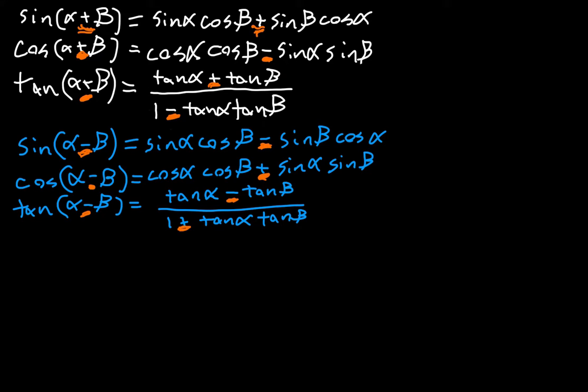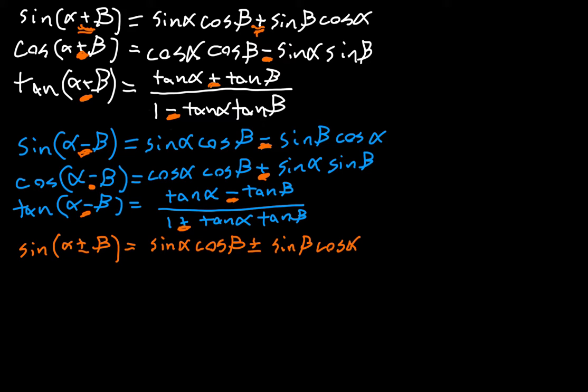How can we sum these up? I'm going to write it out, and hopefully it will make some sense. So we have that the sine of alpha plus or minus beta is equal to the sine of alpha times the cosine of beta plus or minus the sine of beta times the cosine of alpha.